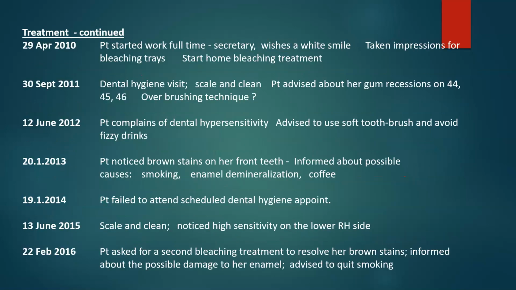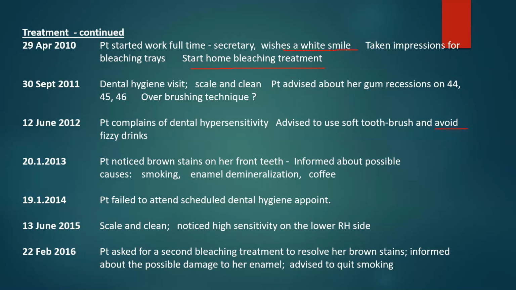Right, next page. Wishes to have a white smile. She has started home bleaching treatment. So having these white teeth is pretty important to her. And she was advised about her gum receding on teeth 44, 45, 46. Was she over-brushing her teeth? Was that the problem? Trying to get them white.